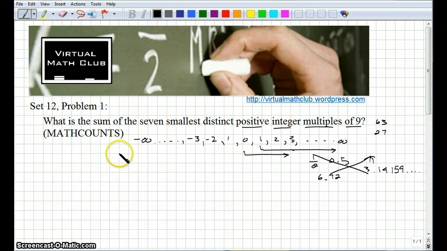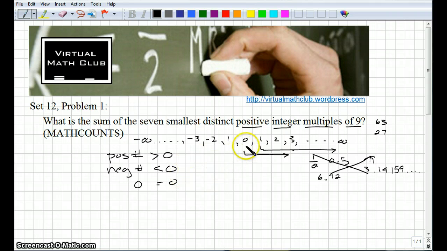And the answer is, I'm just going to tell you because it's basically a definition. By definition, positive numbers are greater than 0. And negative numbers are less than 0. But 0 itself is not greater than 0, it's not less than 0. 0 is just equal to 0.